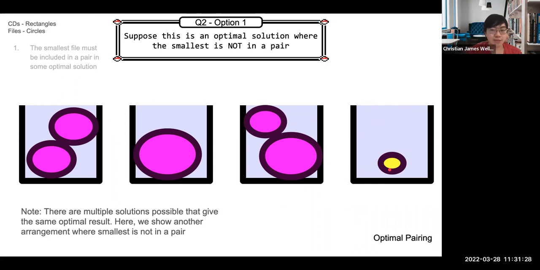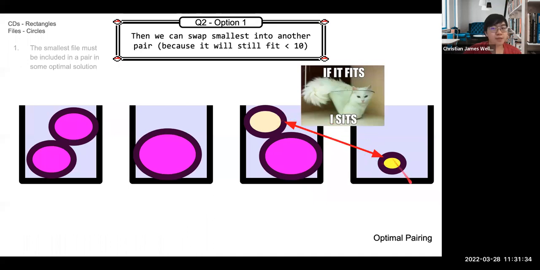It's always possible for us to construct an example where this is in a pair, because all you have to do is take some pair and then swap the smallest file into it. It will still fit.